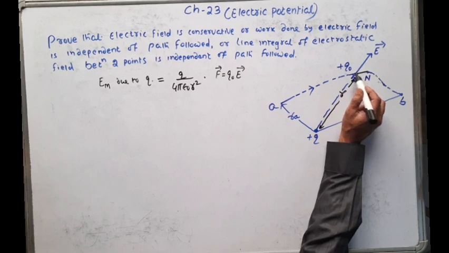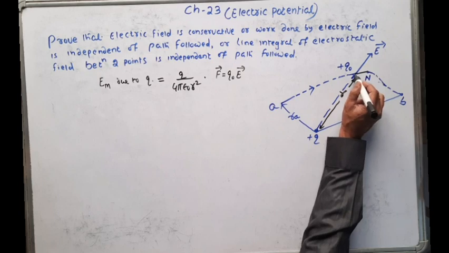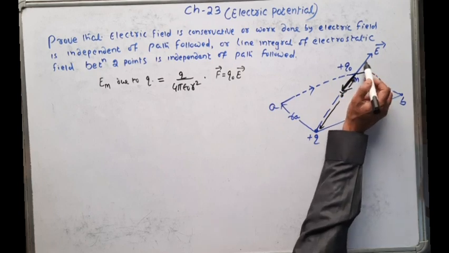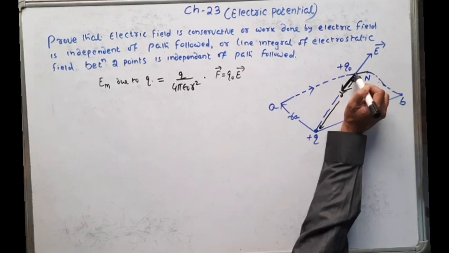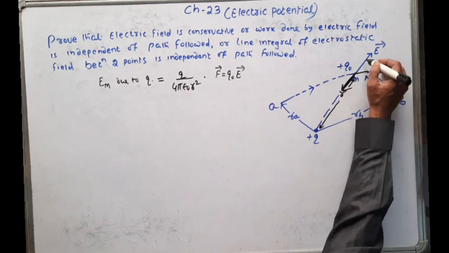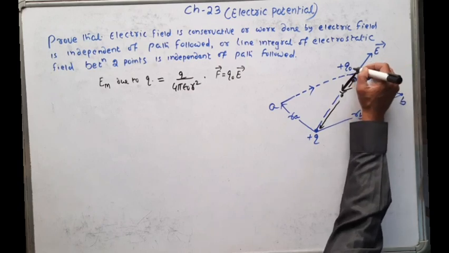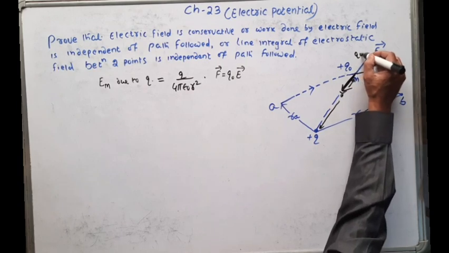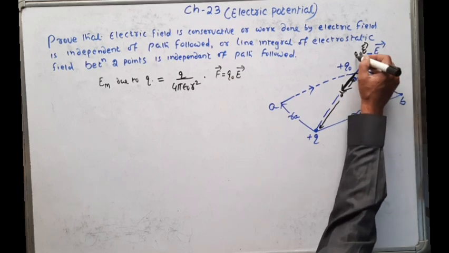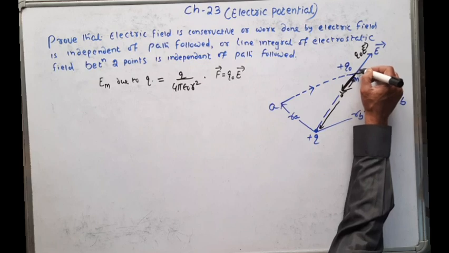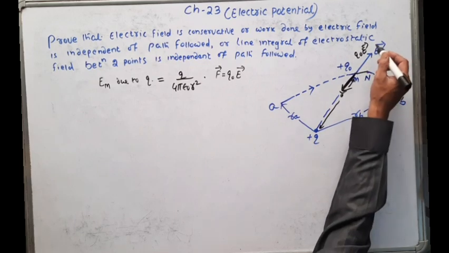So what will we do? Definitely we have to apply a force opposite to the force experienced by q naught, so that the net force on q naught will be 0. Along this direction, q naught experiences a force q naught E, and due to this force it will try to move with some acceleration.